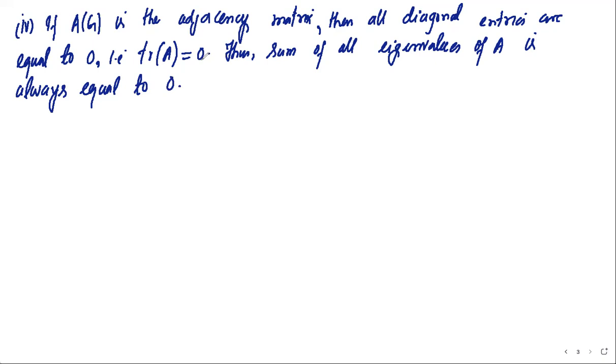Now again, we know from matrix theory that the trace is the sum of all 1 cross 1 principal minors.